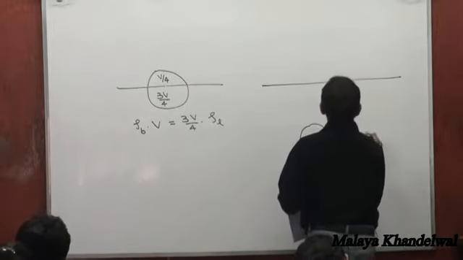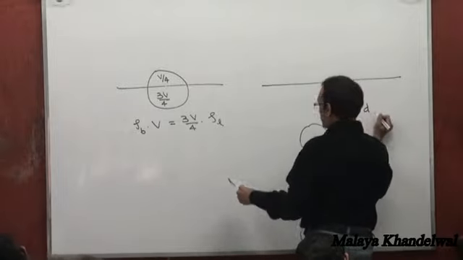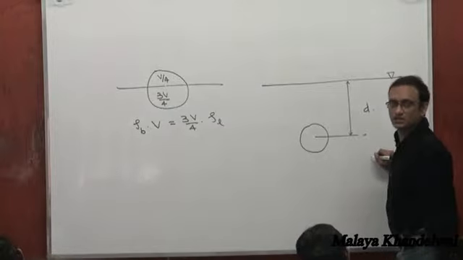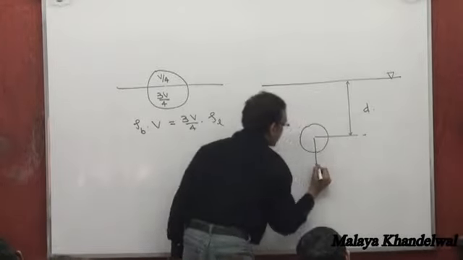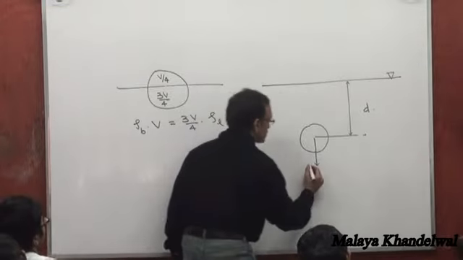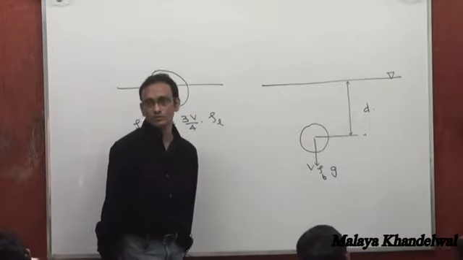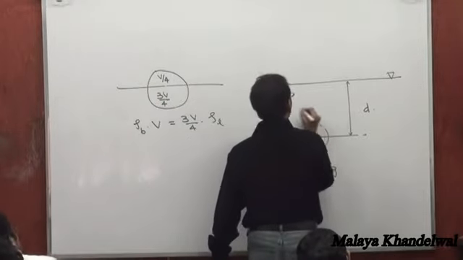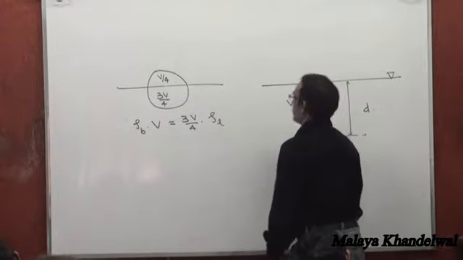Now, when you immerse it to a depth d from the liquid surface, what are the forces acting on it? There is weight downwards, which means V into rho B into g. And there is upthrust upwards. Upthrust would be because of its own volume, V into rho of the liquid into g, the weight of the liquid displaced.